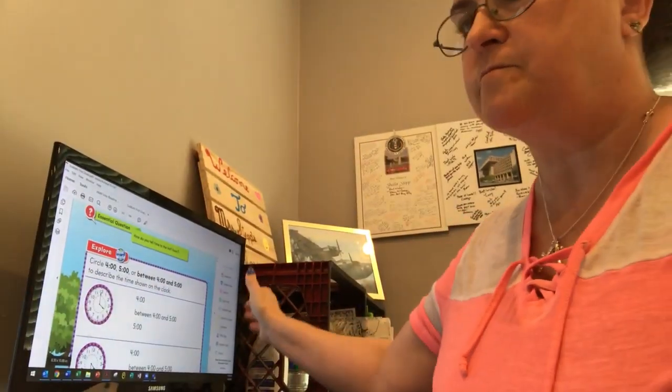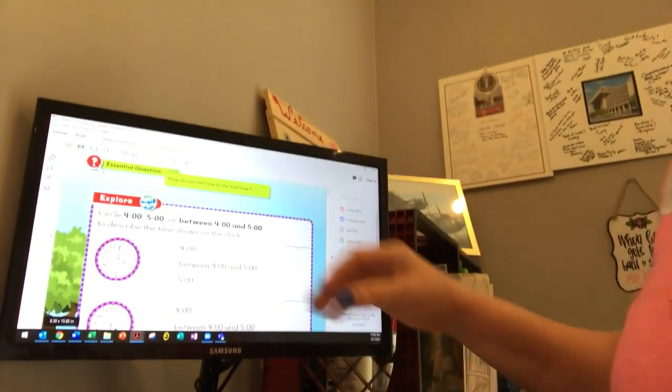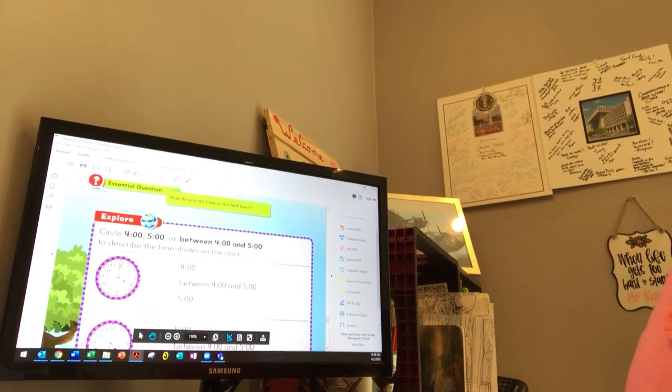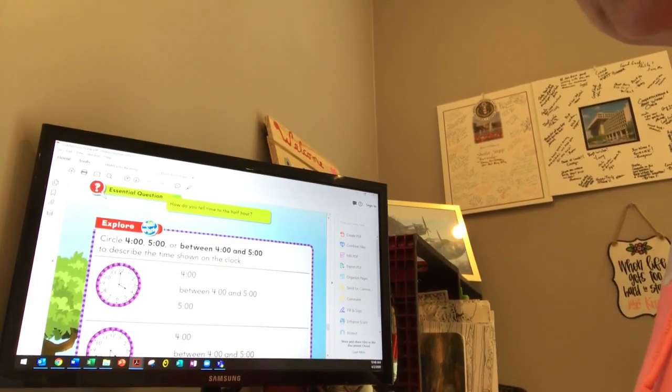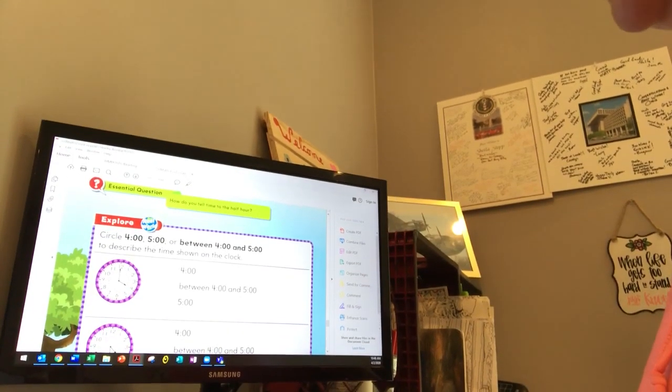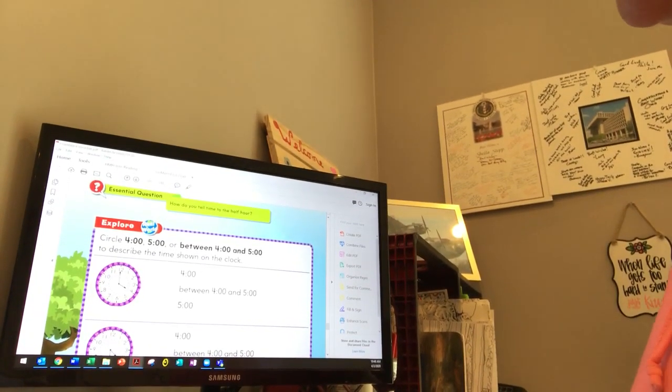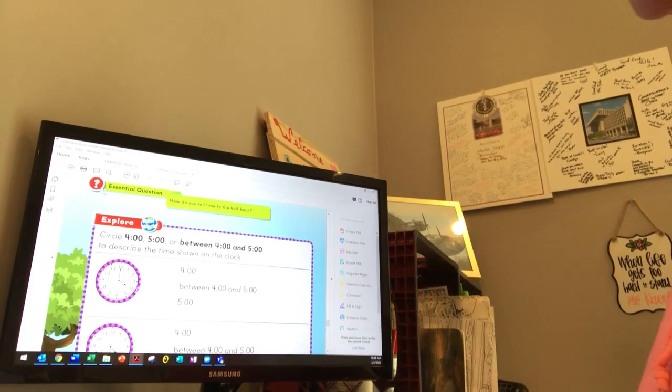The clock on that page, as you can see, has the minute hand pointing up to the 12 and the little hand pointing down to the 4. The hour hand is pointing to the 4.